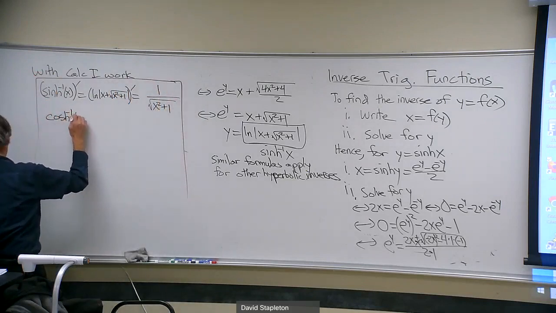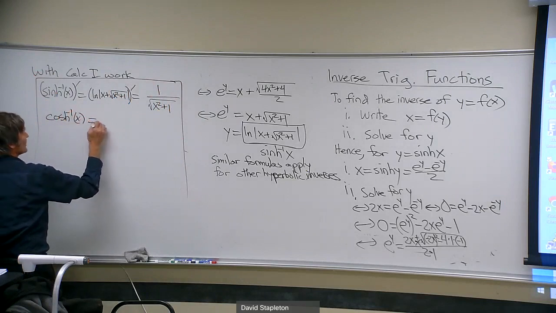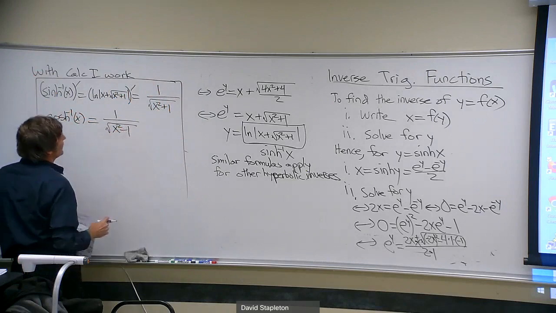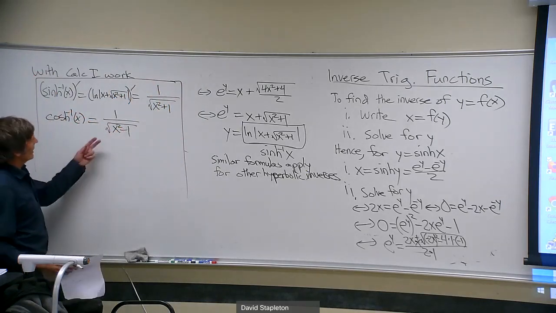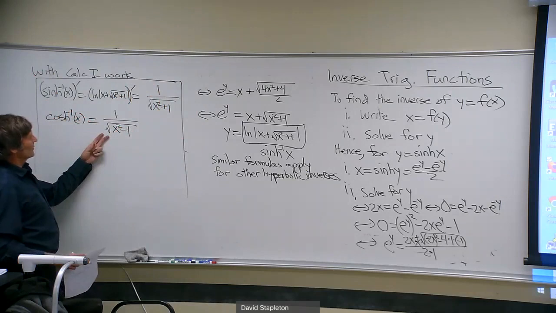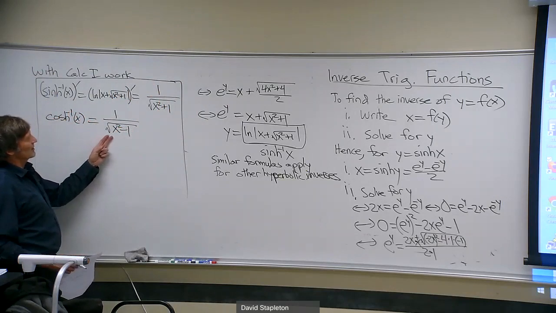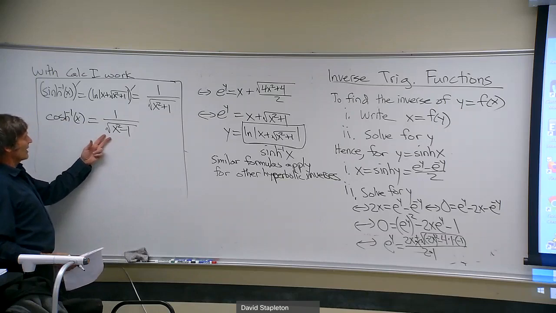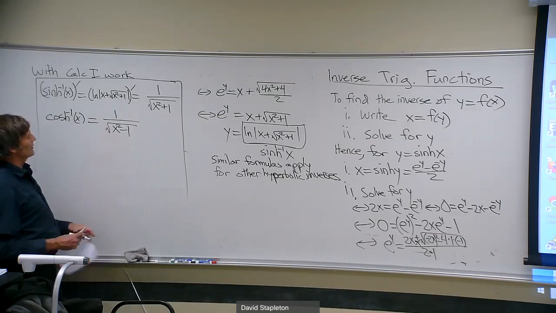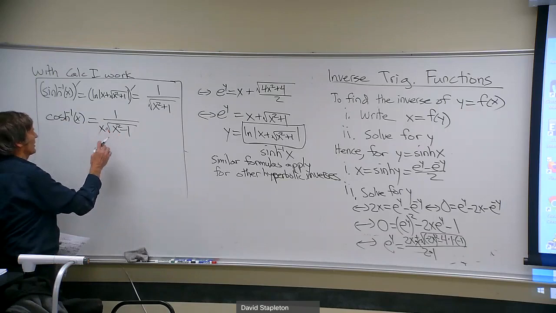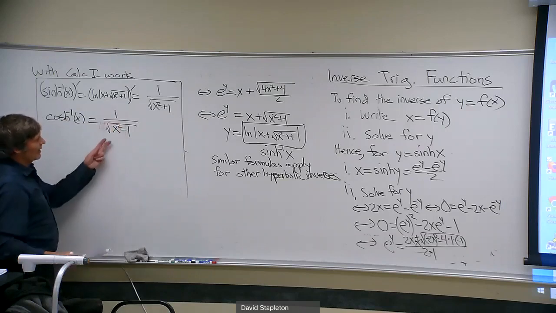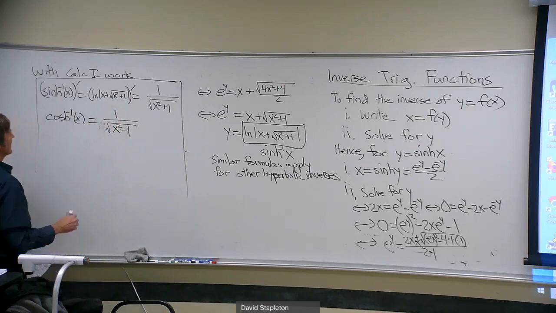The derivative of the inverse hyperbolic cosine is similarly 1 over square root x squared minus 1. This was the bad case before, right? In the last section, 1 over square root 1 minus x squared was just the derivative of arc sine, but 1 over square root x squared minus 1 you didn't have. You had it with an x outside if you wanted to do secant, but that was the tough case. Well, now look, it's a lot easier.